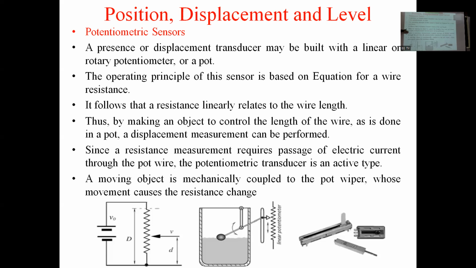So there are some examples that can be given. A potentiometric type of sensor, a position or displacement transducer, may be built up with a linear or rotary type of potentiometer. The one we use in practicals is a linear type of potentiometer or rheostat.